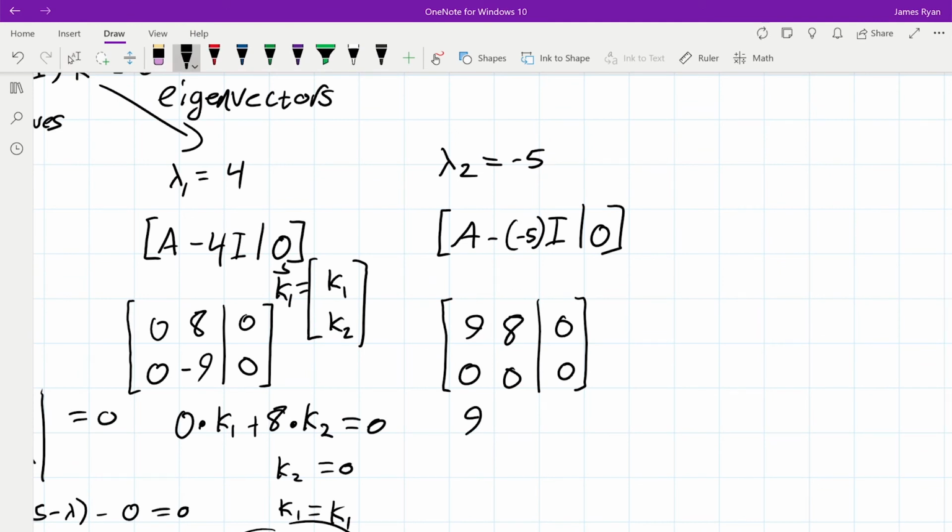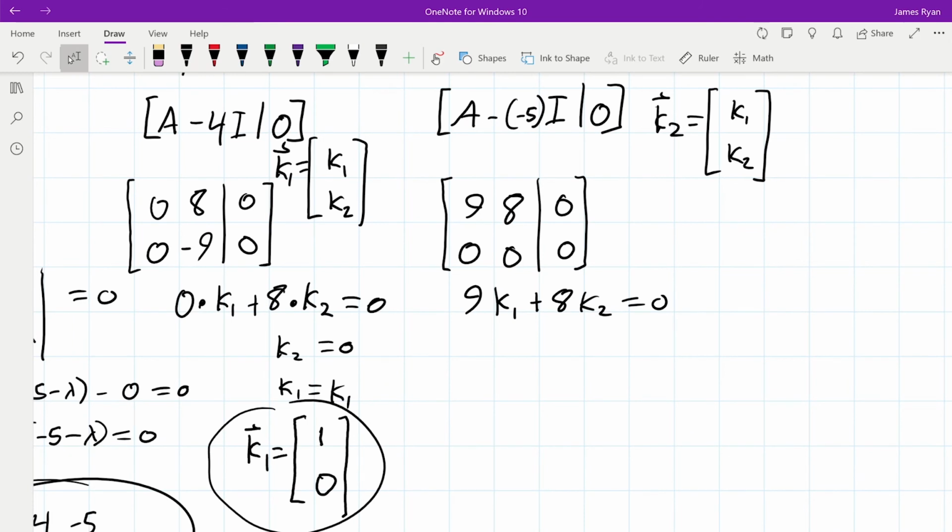We'll also write the eigenvector as k1, k2. We just need to make sure we don't mix up the k1s and k2s between each eigenvector, but that should be pretty simple. So 9 k1 plus 8 k2 equals 0, which means that k1 is negative 8 over 9 k2.